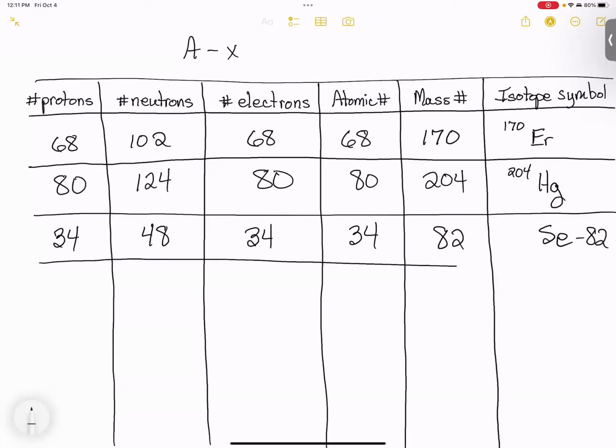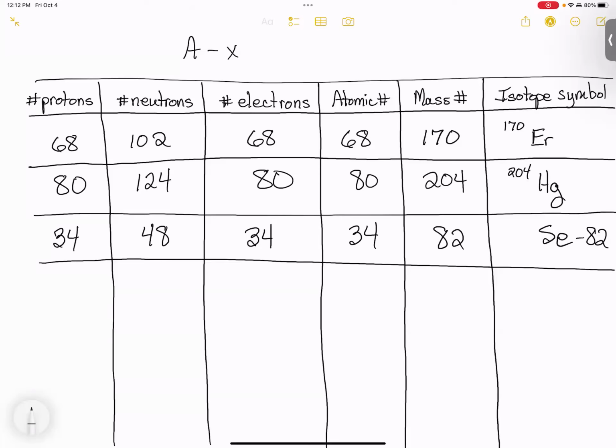Folks, these first three things illustrate the fact that I either will have to give you the mass number or I'll have to give you the number of neutrons to get the mass number. You aren't expected to know the mass number.